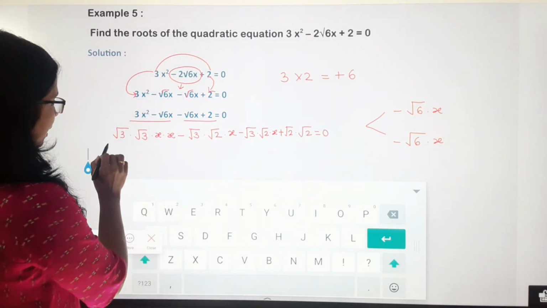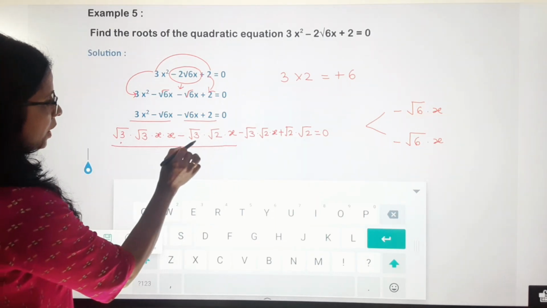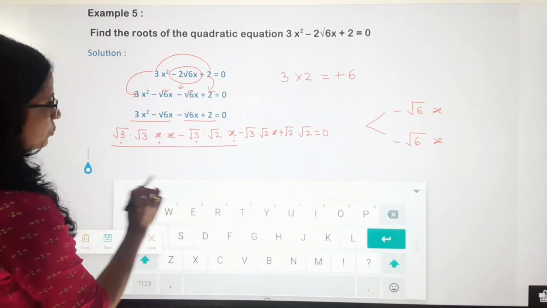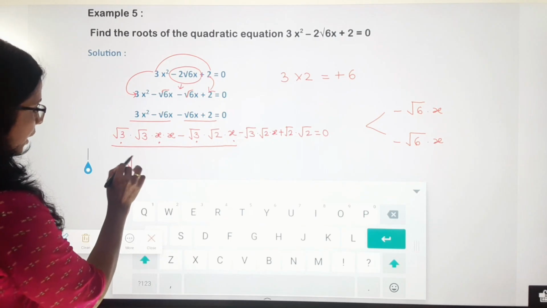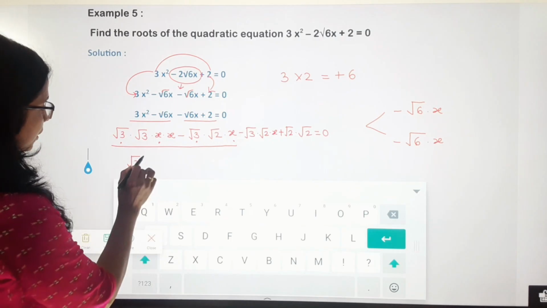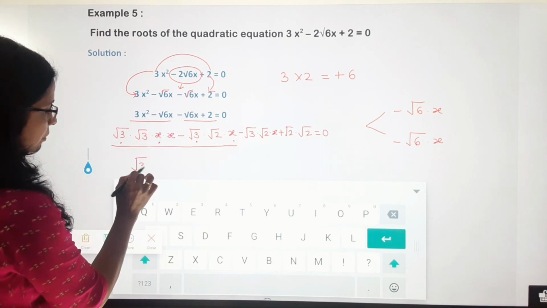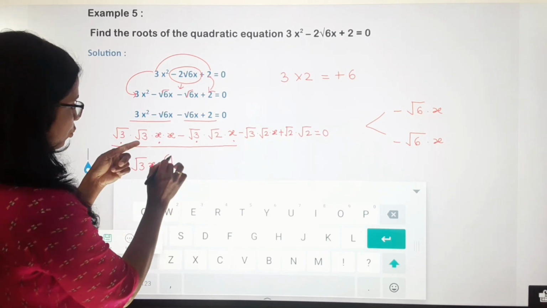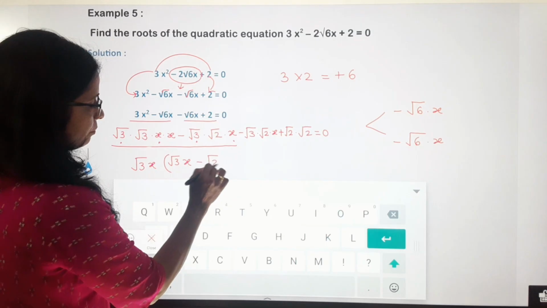Now from this first group, the common factor will be root 3x, and in the bracket the remaining factor, that is root 3x minus root 2.